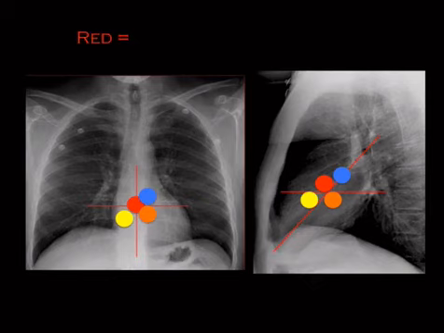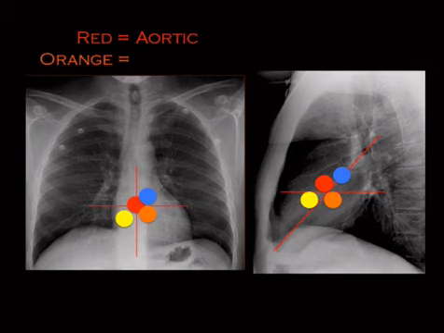Red is right square dead in the middle, and when I start, I always start in the middle, and when I start my alphabet, I start with the letter A. Orange is the next color, and it's on that side, and this is the one you see the most, which is the mitral.